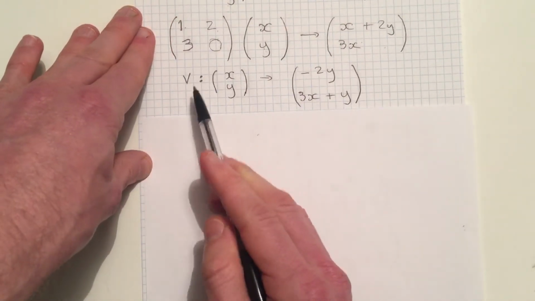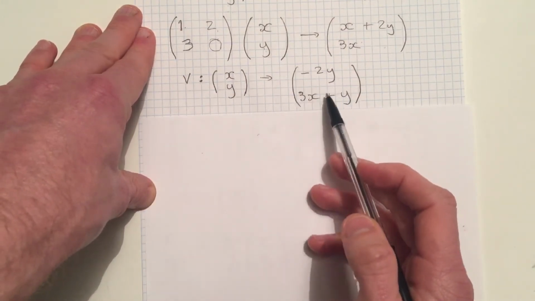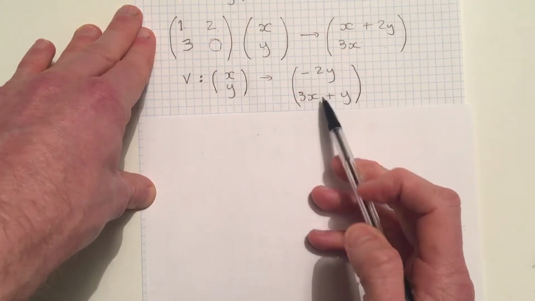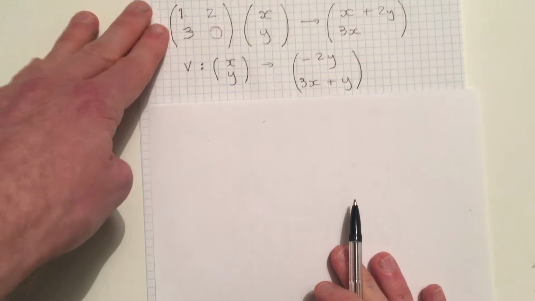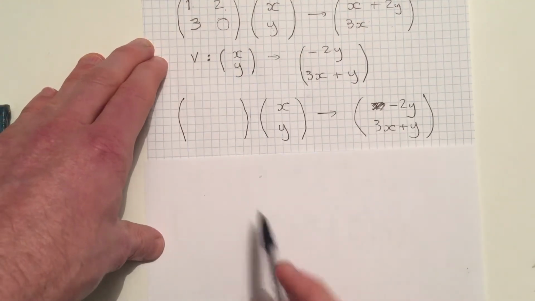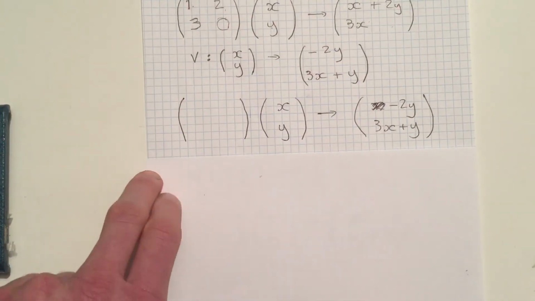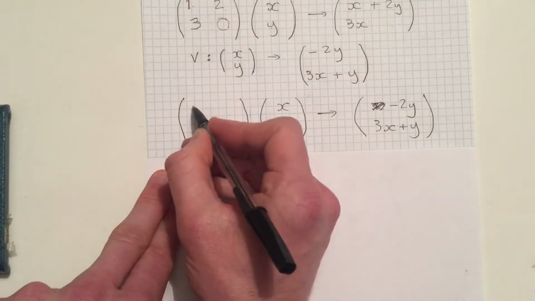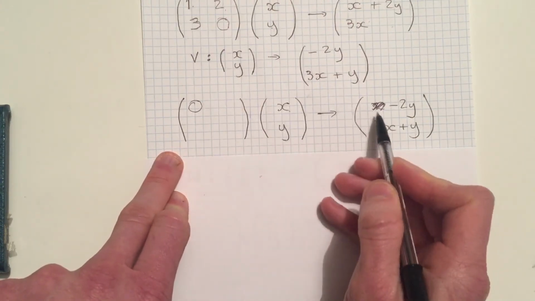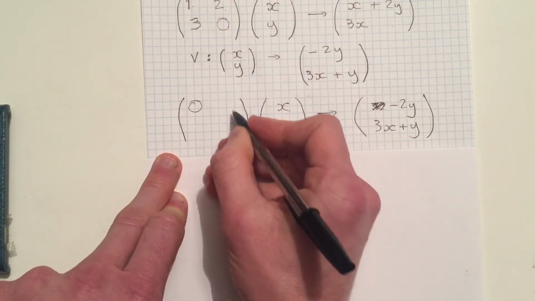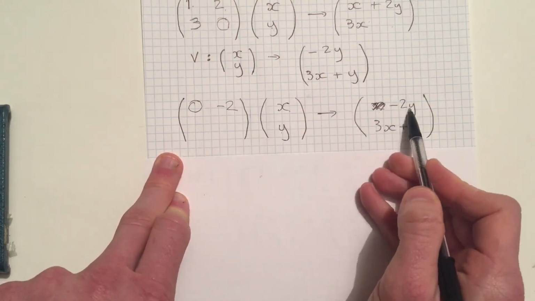Next example. The transformation V maps the coordinates x, y to the new coordinate minus 2y and 3x plus y. And again, I want to find the matrix that represents the transformation V. In this case, I know that this is going to have to be a 0 because I want it to be a 0 times x. And then I want it to be a minus 2 here to give a minus 2 times y.